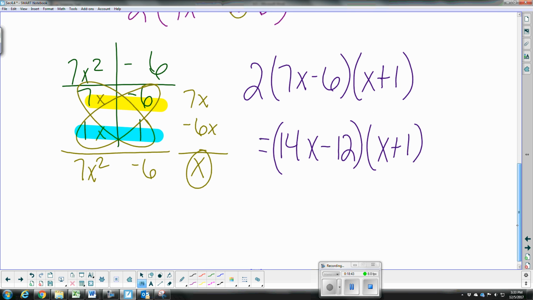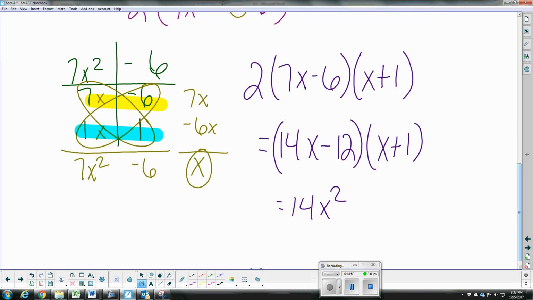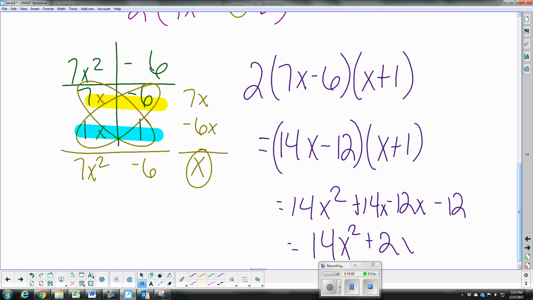Now I can use the FOIL method. So 14x times x is 14x squared. 14x times 1 is positive 14x. Negative 12 times x is negative 12x. And negative 12 times 1 is negative 12. So I get 14x squared plus 2x minus 12.